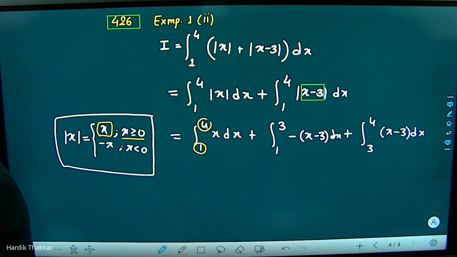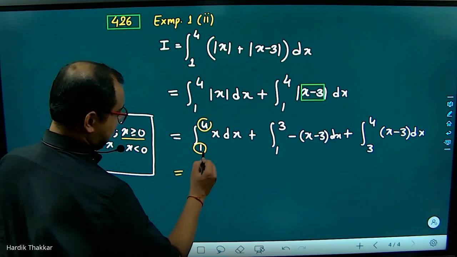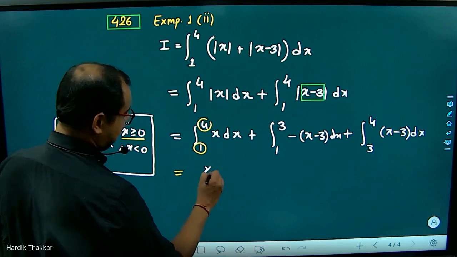Example 2 is solved. Example 2, example 3, these are all important questions. Again we can break it in the form of integration only and solve it individually, like we have done here. For this, it will be x square by 2.